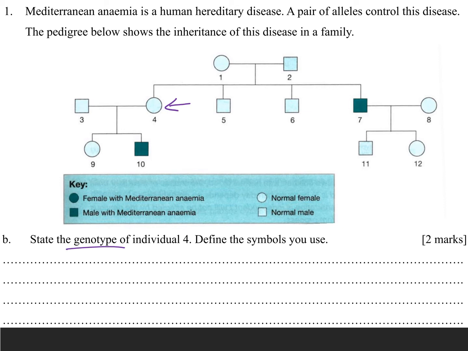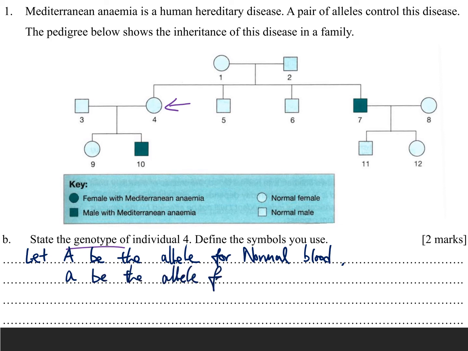So therefore, to begin with, let, for example, big letter A be the allele for normal blood. Or you just say normal. And then let small a be the allele for Mediterranean anemia.